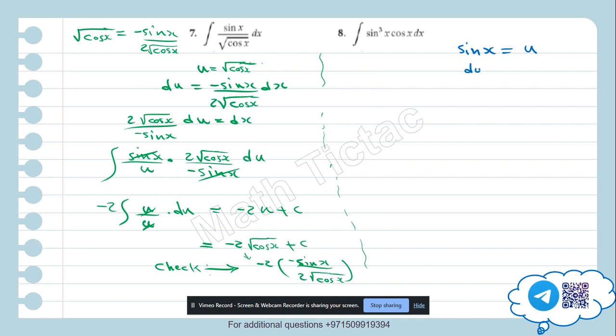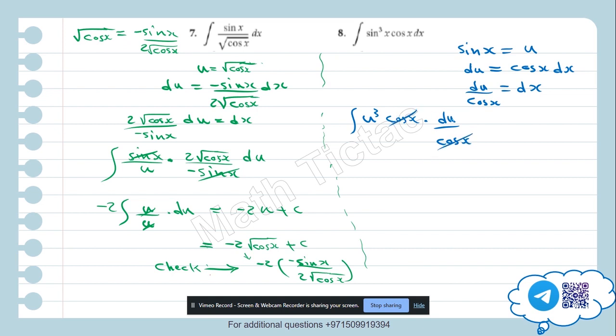So in here, du is equal to cosine x dx. Now dividing by cosine, du over cosine x equals dx. So now let's substitute u to the power 3, and instead of cosine, I'll write cosine the same thing, multiplied by du over cosine x.